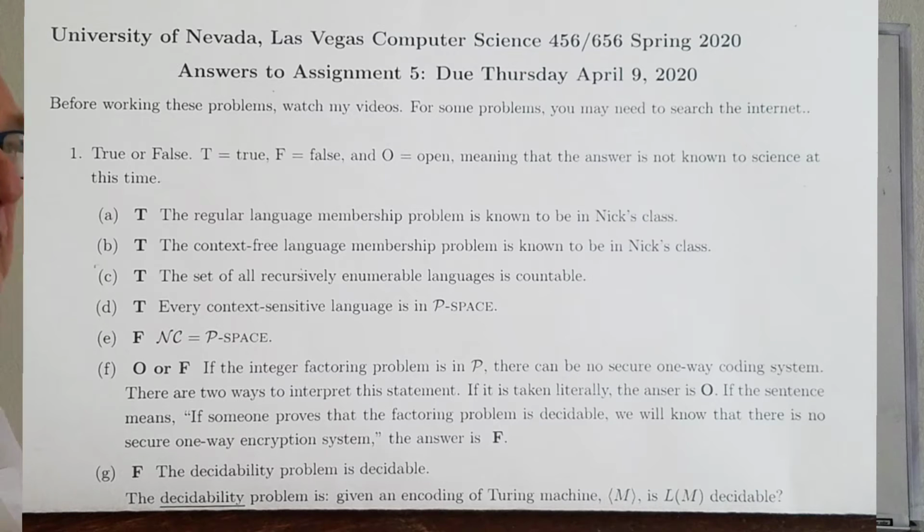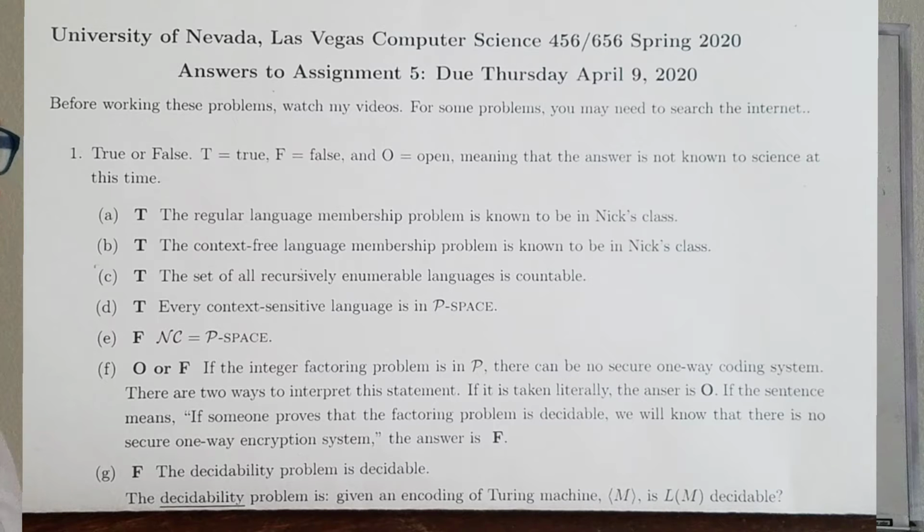Now, if factoring were easy, in polynomial time, then if you knew the key, you could also decrypt in polynomial time. And that means that RSA coding would be insecure. However, that would not be a proof that there was no secure trapdoor encryption method. And so in that sense, the answer to F should be false.